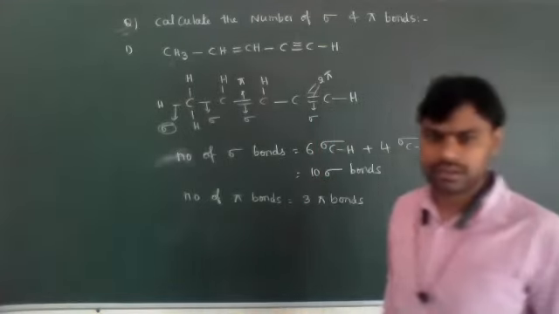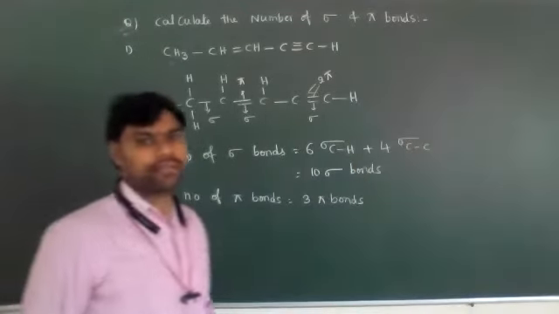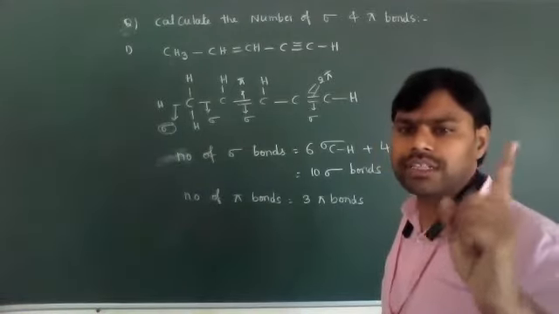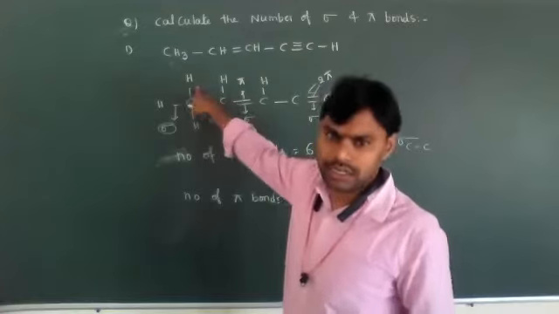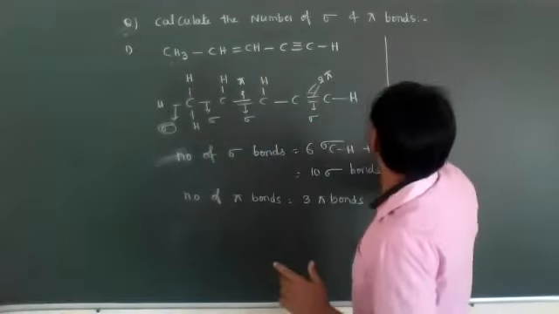Okay. Abhay, let's listen carefully. It's very easy. Hydrogen atoms always form sigma bonds only because it is a single bond. Keep it in your mind: single bonds are always sigma bonds.